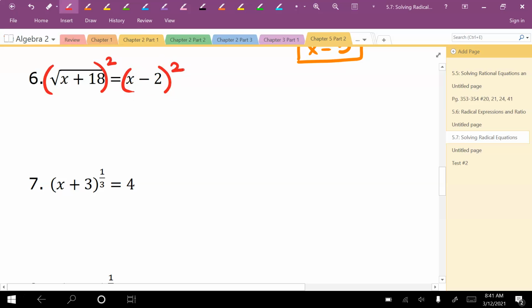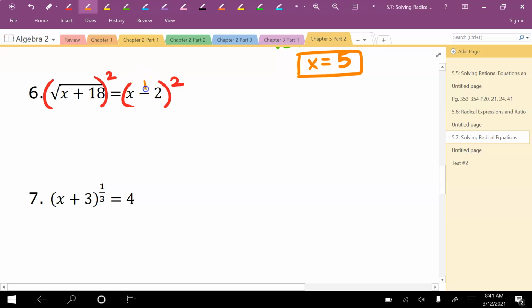Now on the right side, because it's x minus 2, it's a quantity like that, you're going to have to take x minus 2 times itself. So x minus 2 times x minus 2. That means that you're going to have to FOIL on that side of the equal sign.